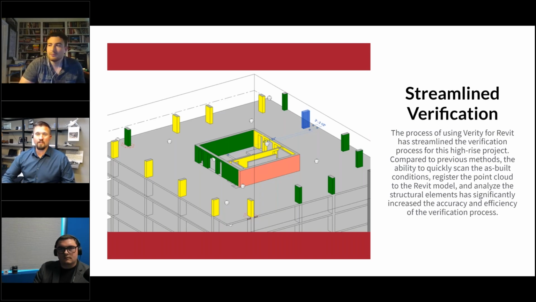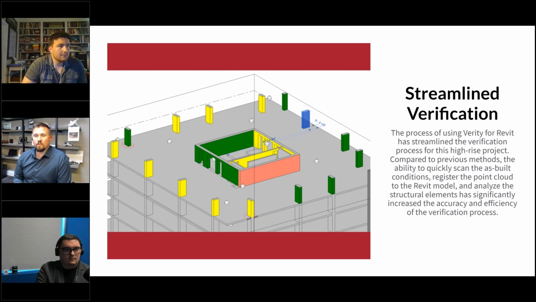This is giving me points every quarter, eighth of an inch, whatever, across the entire surface of every element that was built. And not only do I get more information, I can get it a lot faster. If I were to hand as-built this entire floor that we're showing right here, it would probably take a crew at least a day to 2 days just to collect. That's not analyzing, that's just writing down data.